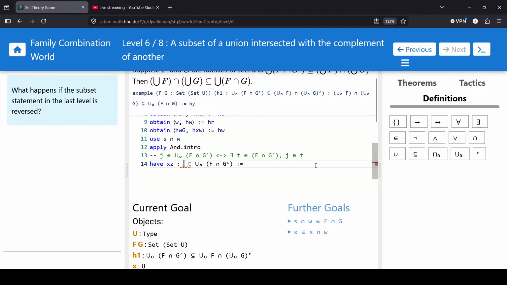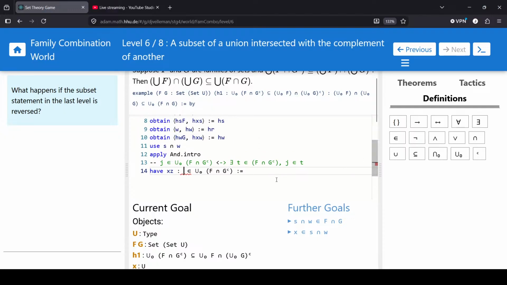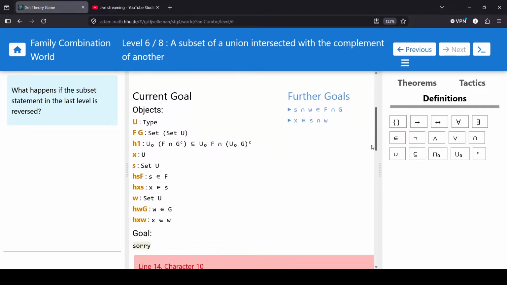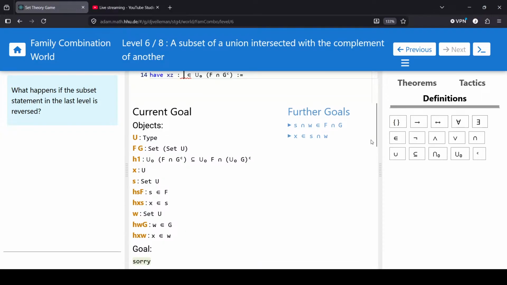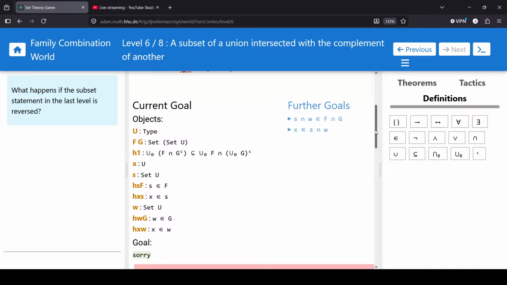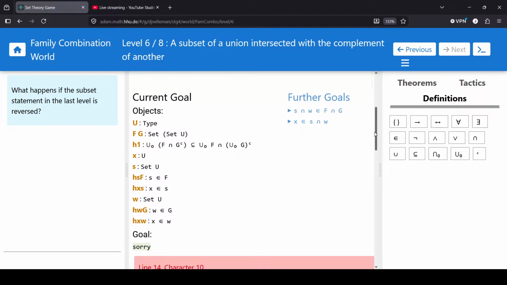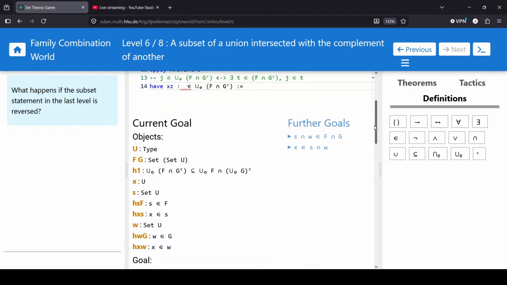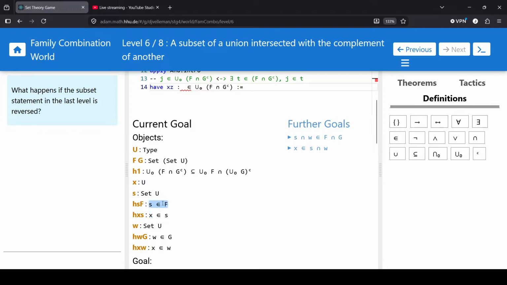So it needs to be not in F and G. It needs to be in the complement of G. So X is in F, right?